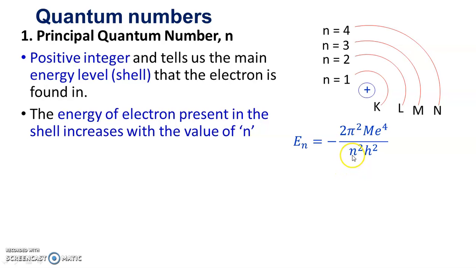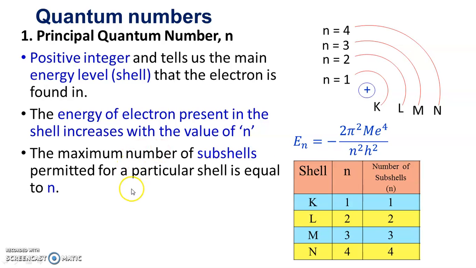So as the value of n increases, this term becomes less negative. Less negative means it is more, it increases, and therefore with an increase in the value of the principal quantum number, the energy of that particular shell increases. This is very important.